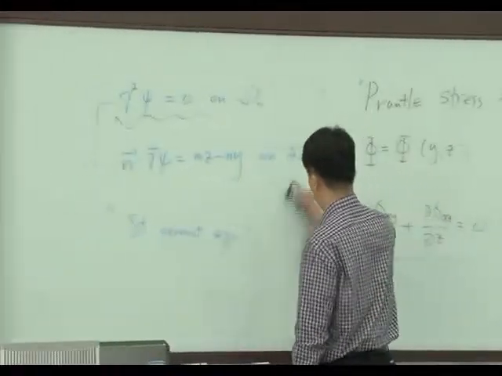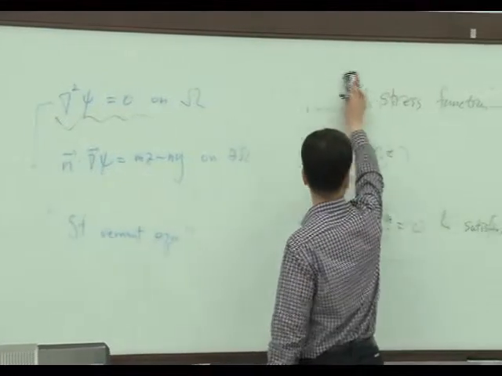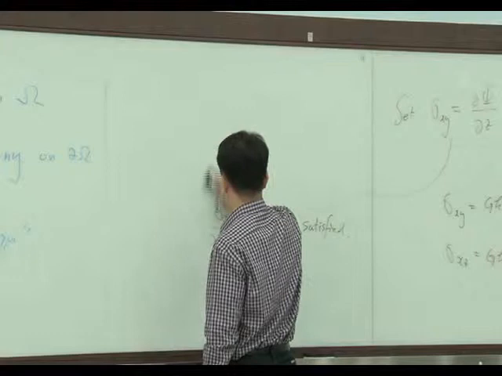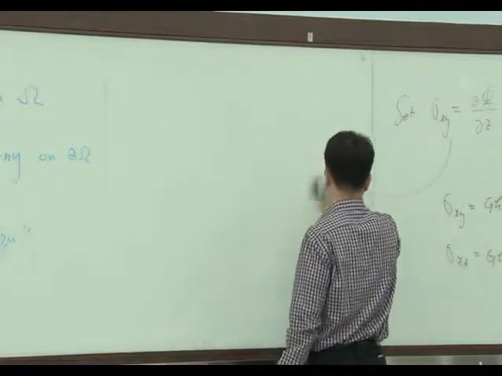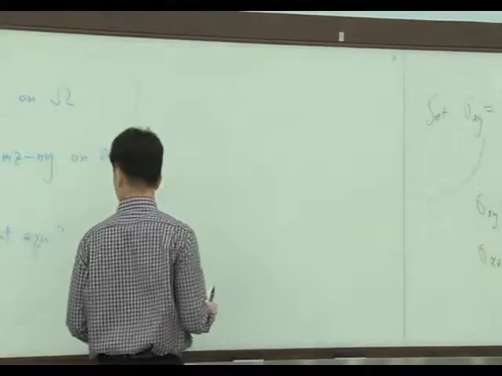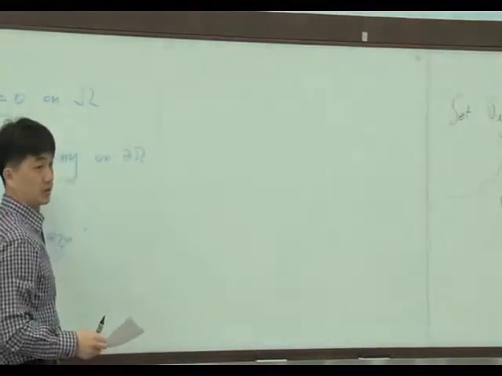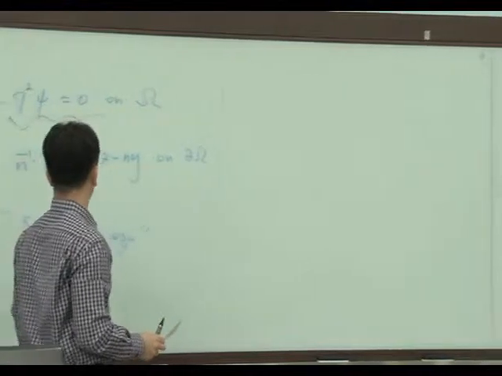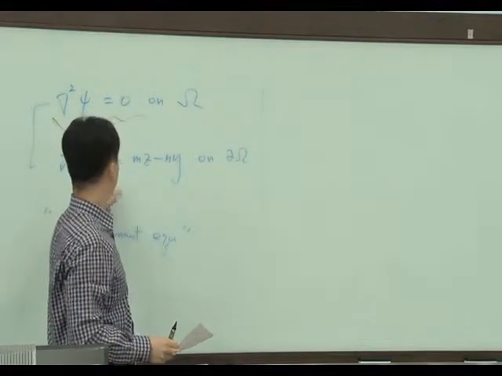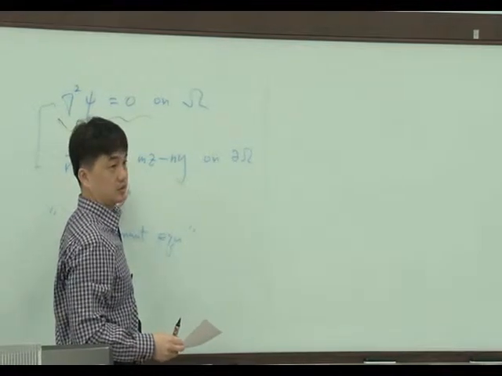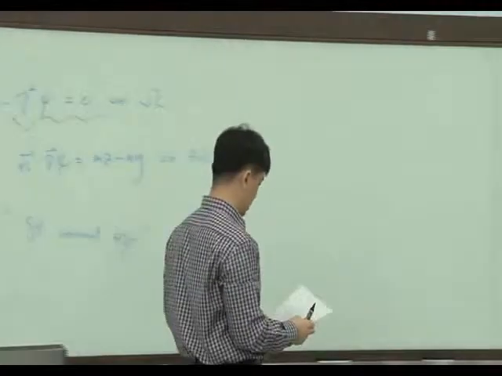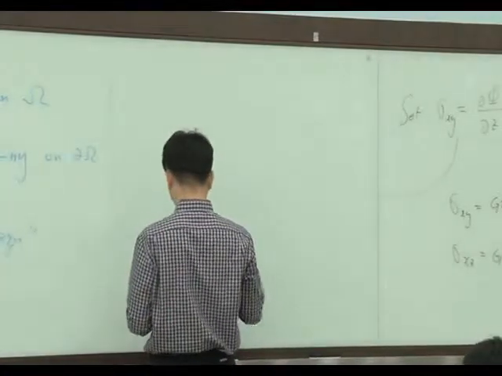So similarly, using the Prandtl stress function, we can derive some equation about the equilibrium equation on boundary. So let's look at the second equation here. So goal is to change the warping function into the stress function.